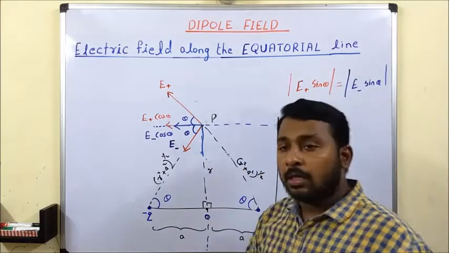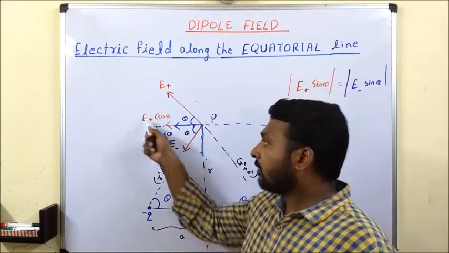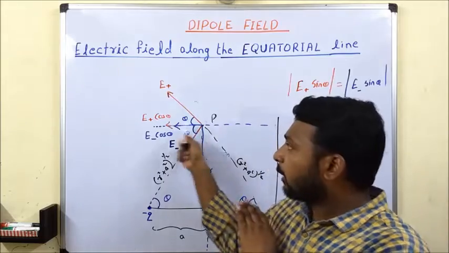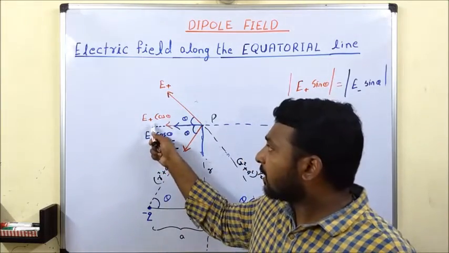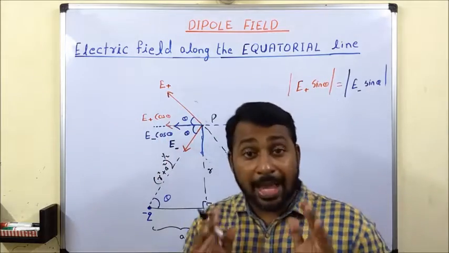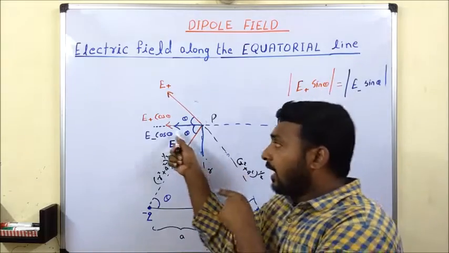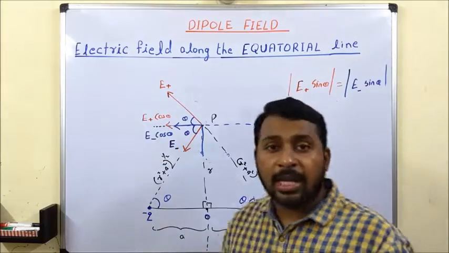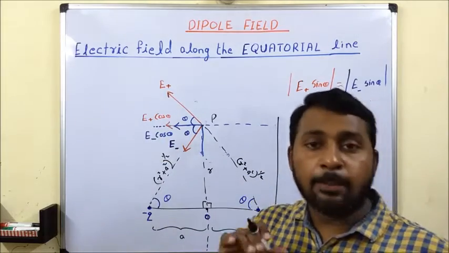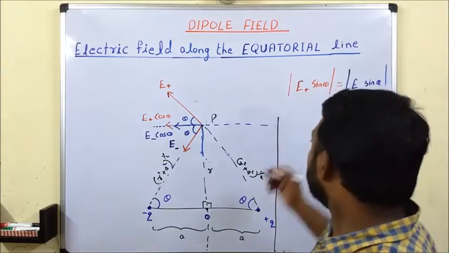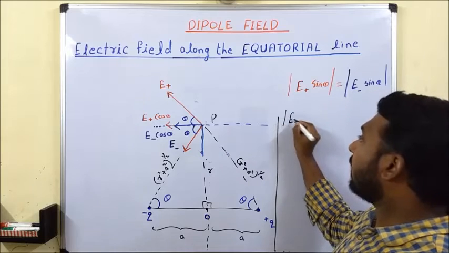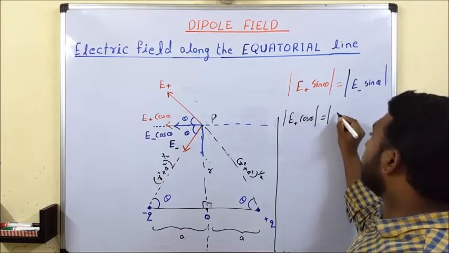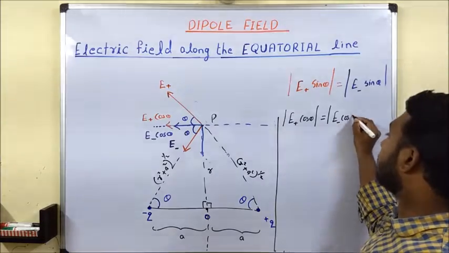Okay, now look at this. The electric field perpendicular to the equatorial line, that is E plus cos theta and E minus cos theta. Magnitude wise they are equal, and the directions are also equal. So obviously these two will not cancel each other, but they both will get added up. The magnitude of E plus cos theta is equal to E minus cos theta.